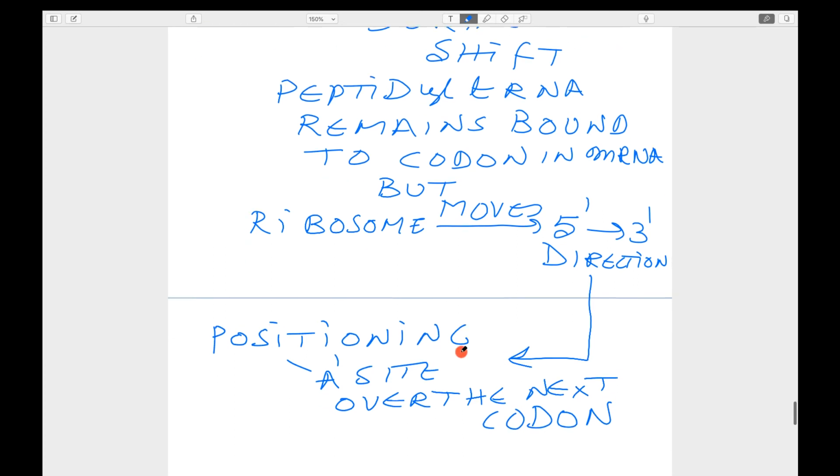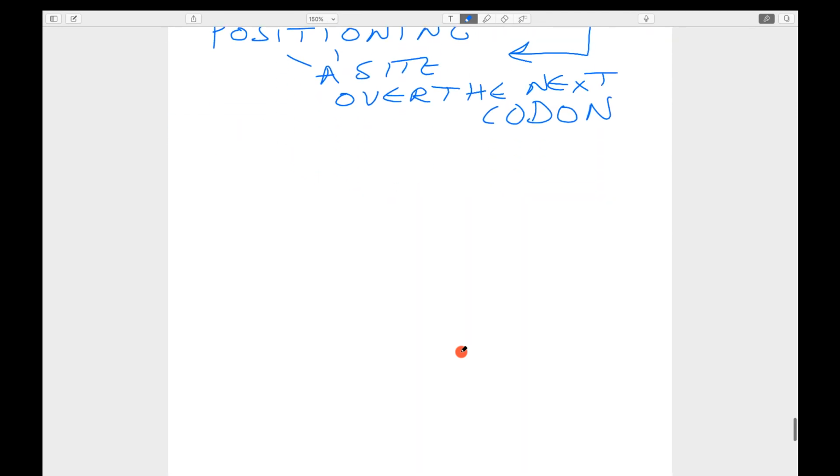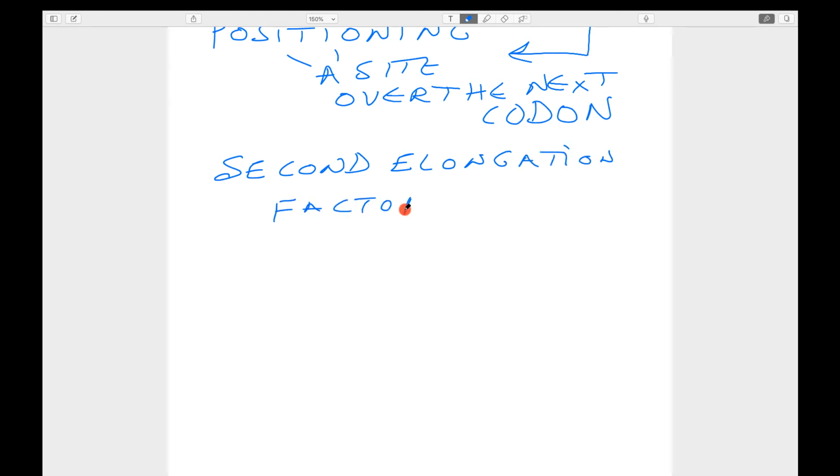Now the second elongation factor comes into the role. What is the second elongation factor? The elongation factor EFG.